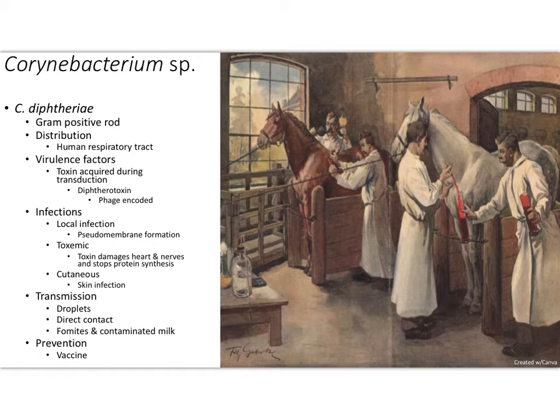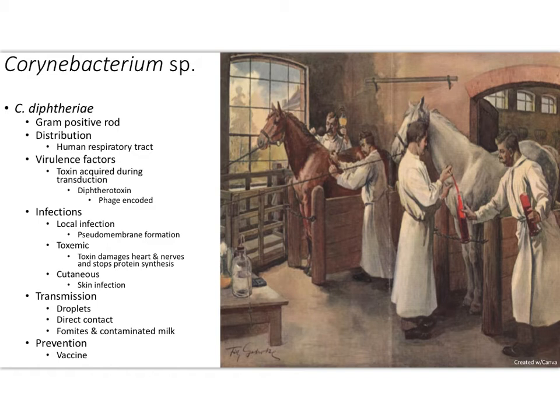And the thing about this bacteria is that it is not actually very harmful in and of itself. However, if it acquires the ability to produce a toxin as a result of a bacteriophage infecting it, then it becomes dangerous. So this bacteria itself is not a problem.